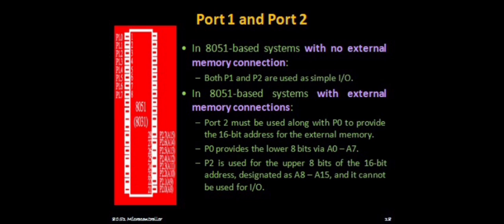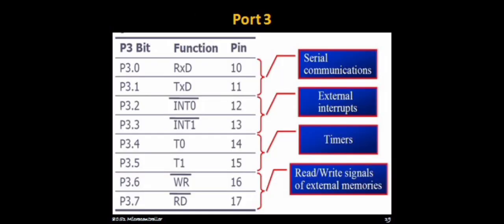P2 is used for the upper 8 bits of the 16-bit address, designated A8 to A15, and cannot be used for I/O. Port 3: serial communication, external interrupts, timers, and read and write signals of external memories.